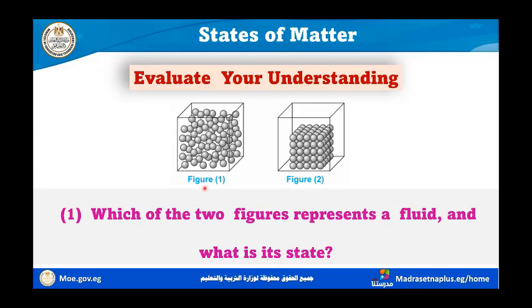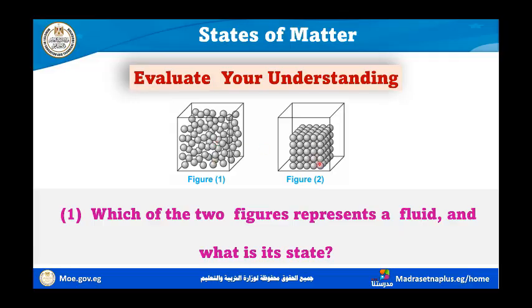In figure 1, the medium particles have wide interparticle spaces. So we can conclude that the attraction forces here are weak, and the motion of particles of the medium is free, so they can move and take the shape of the container.